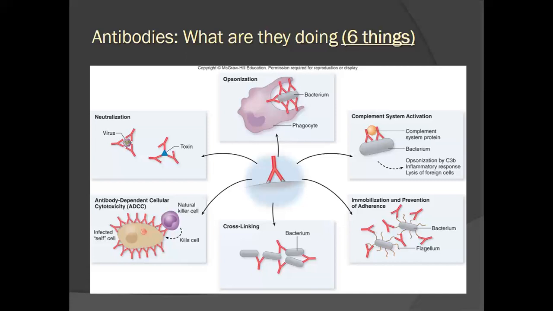The vaccine that you get is actually more for the toxin, and so it neutralizes the toxin. Once the toxin's neutralized, your body's usually able to deal with the infection with not too much help. So, six ways.